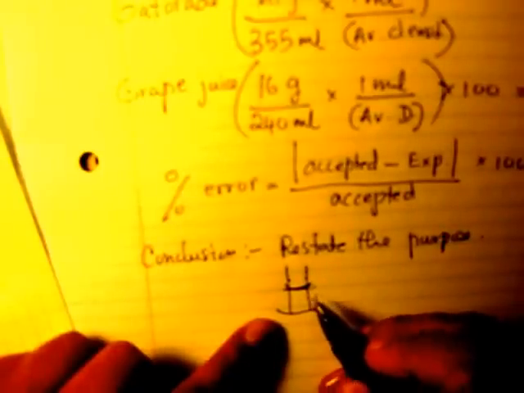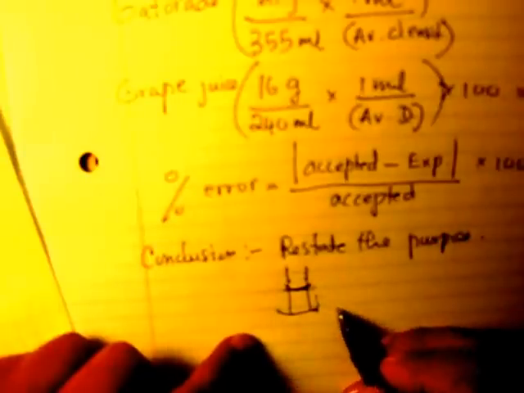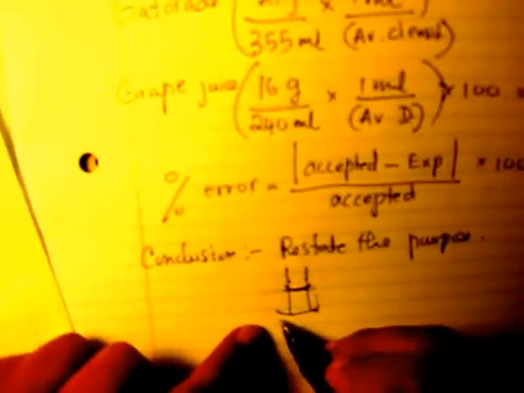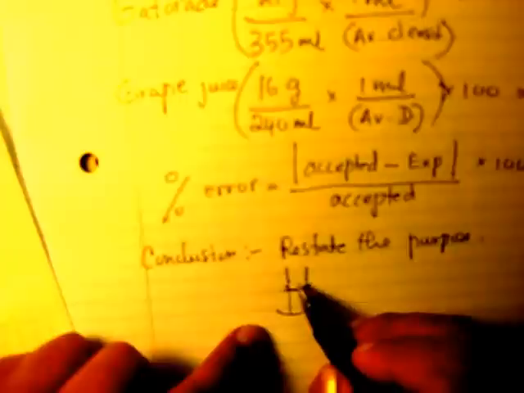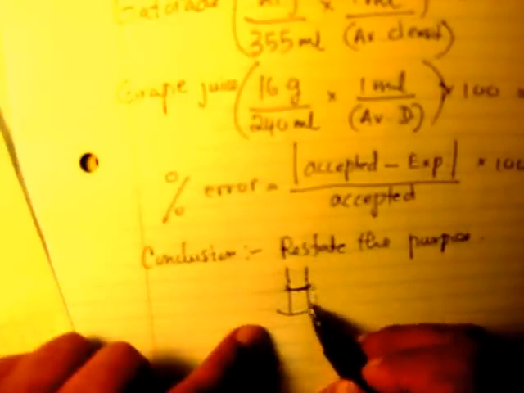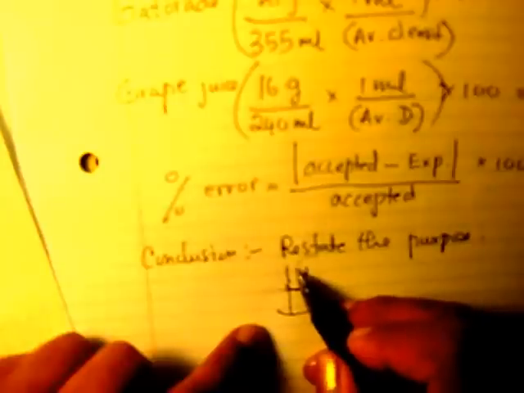What else? Did you spill anything on the scale? I saw some spilling happen like that. And what else can you say? Was the graduated cylinder thoroughly cleaned and dried before you put the beverage in it?